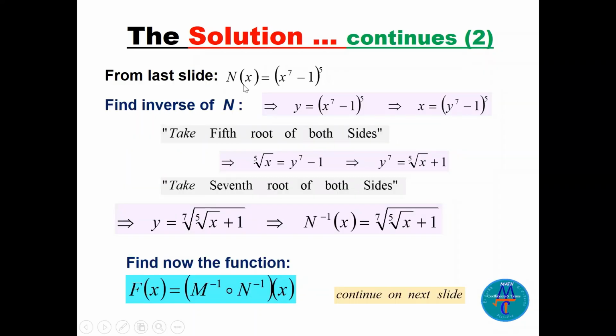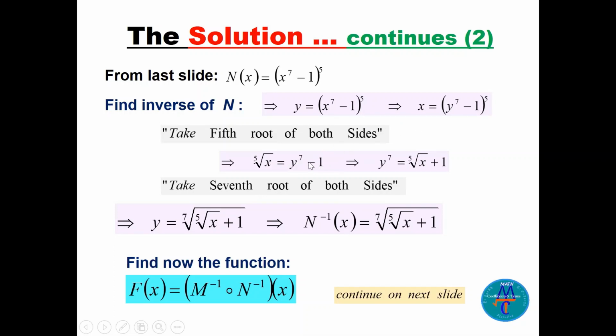Now the function n of x, x to the power 7 minus 1 all to the power 5. Let's replace n of x by y equal to this, then interchange x and y. So x will be equal to (y to the power 7 minus 1) all to the power 5. Now remember, we need y, we have to solve for y. So let's take the fifth root of both sides. So this will be the fifth root of x equals y to the power 7 minus 1.